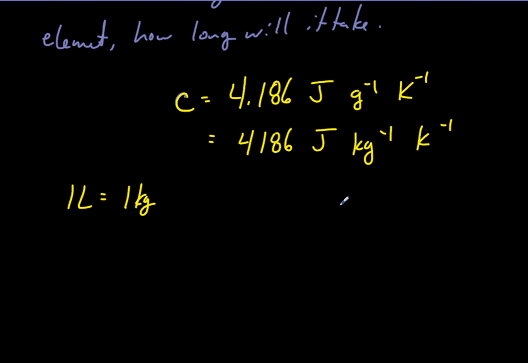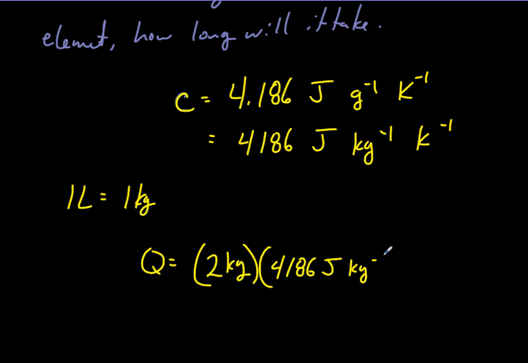And then the start of this is just solving for Q, right? So Q equals M, well mass is 2 kilograms, because we have 2 liters of water. C we just learned in terms of kilograms is that. And the temperature change, again, it's a delta T, so it's 40K minus 10K.